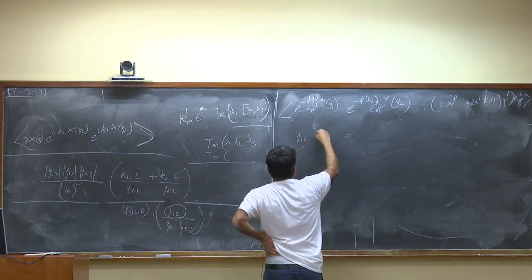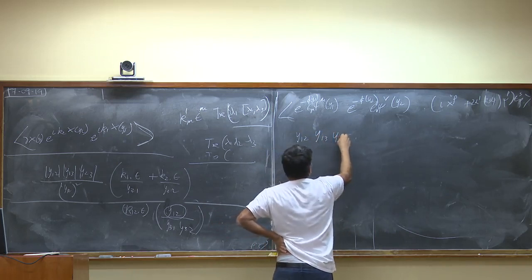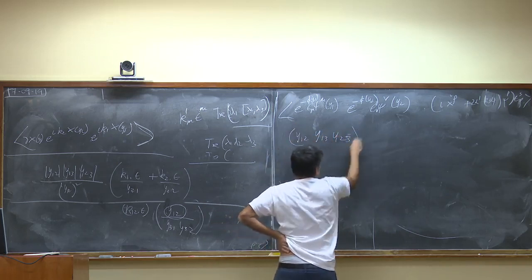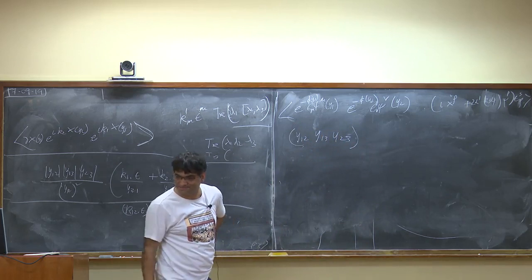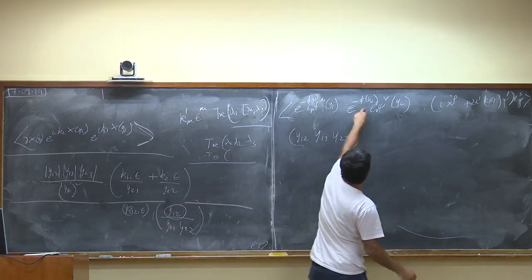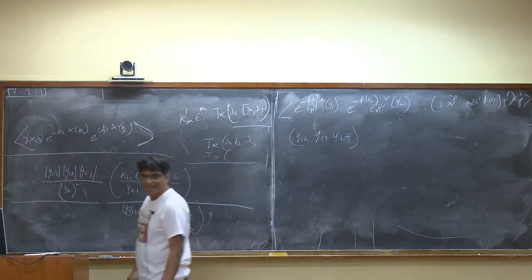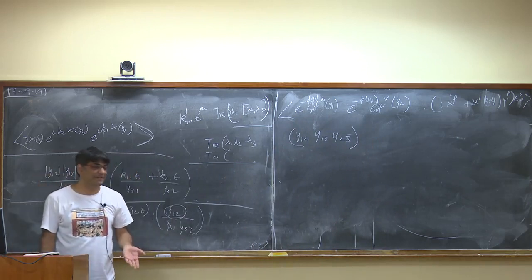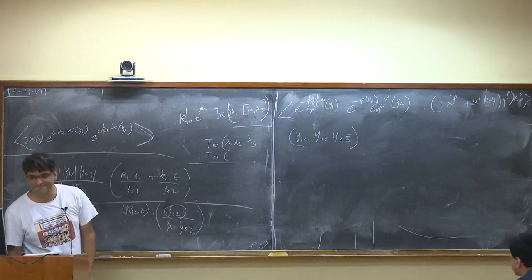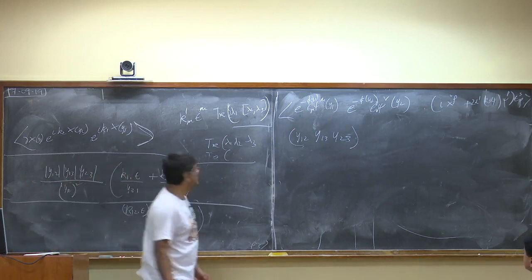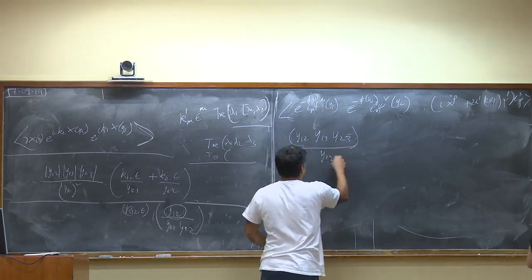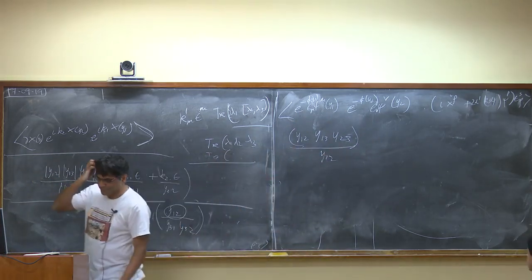Firstly, we'll get from the C ghosts, y12, y13, y23. We get this factor, that's as usual. Then we get the contraction from the two e to the power 5s. That was effectively a 1 over y12. This you remember from our study of that bosonized ghost.